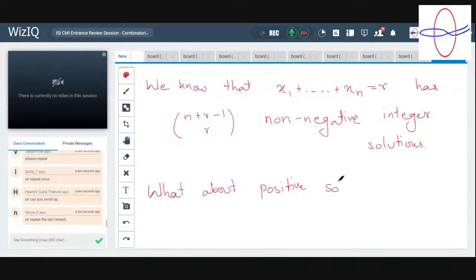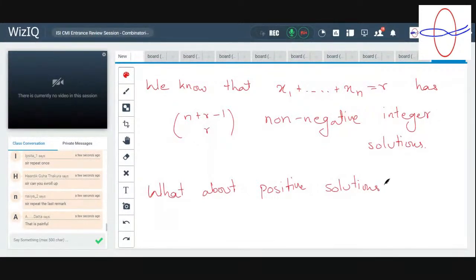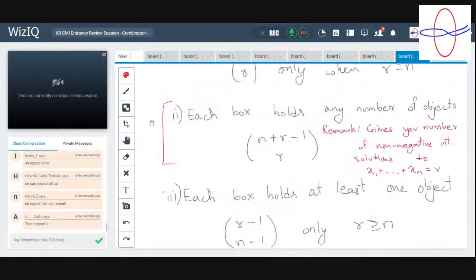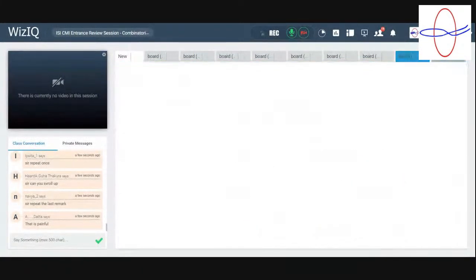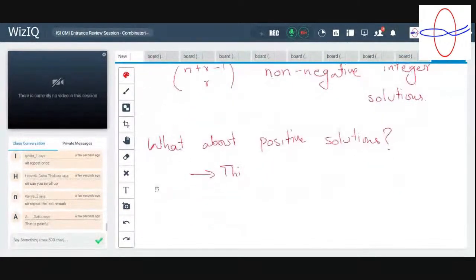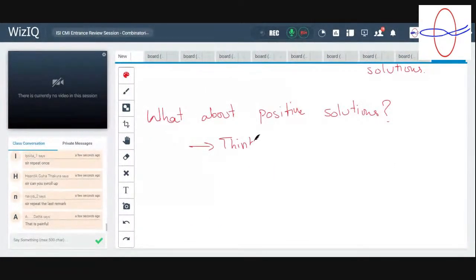Okay, so what you are supposed to do is, notice that here I have r identical objects, right? So let's think of it as having r ones.